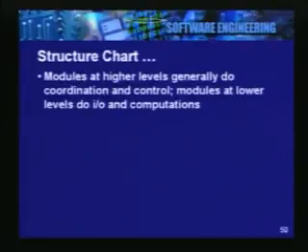The modules at higher levels generally do the coordination and control, whereas the modules at lower levels do input, output and computations. This is exactly what we saw in the previous diagram. The module at the higher level, which was task 1, is the one which gets work done from the modules at the lower level.